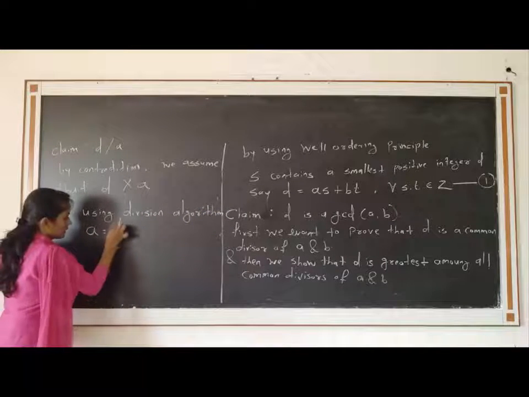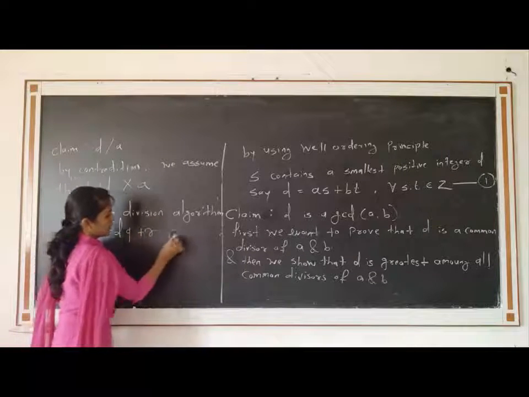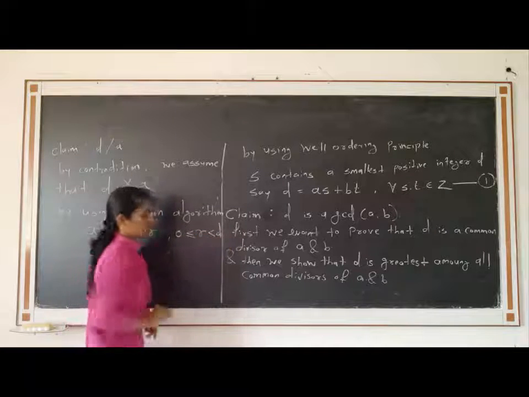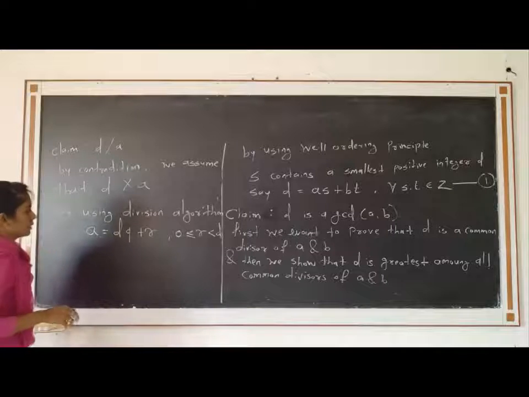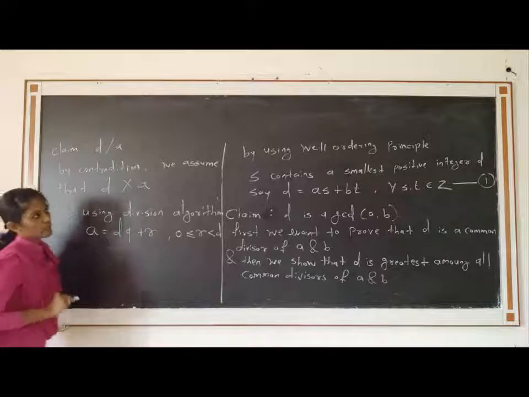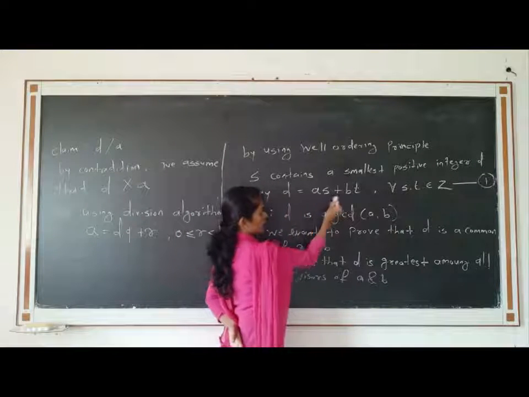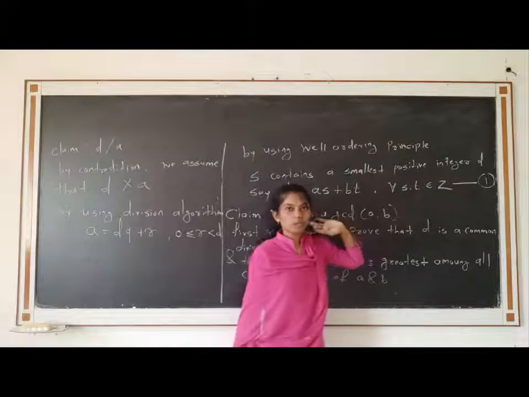A is equal to D times Q plus R, where 0 is less than or equal to R, strictly less than D. So this is the division algorithm. Now from equation number one, D is equal to AS plus BT for all S and T belonging to the set of integers.